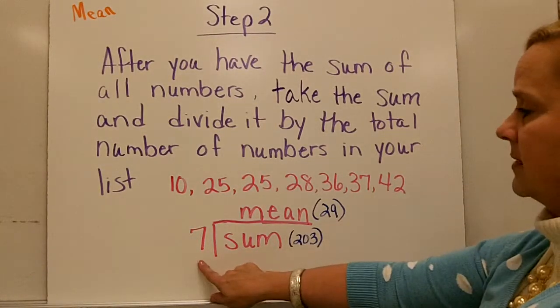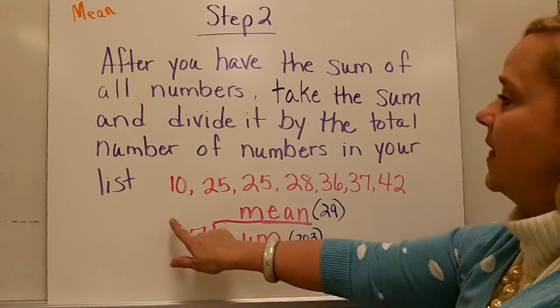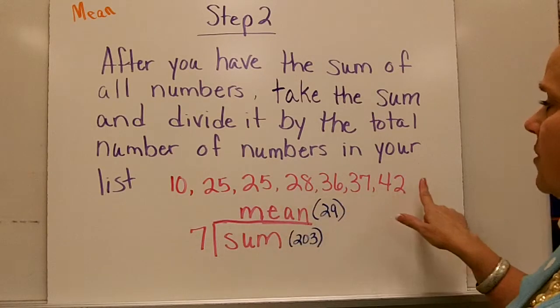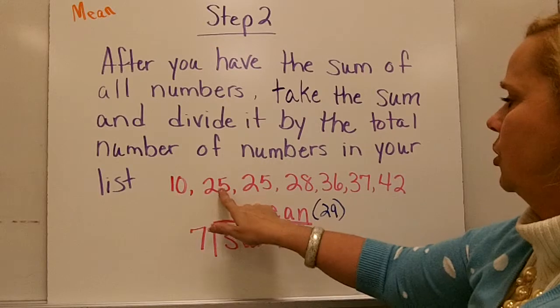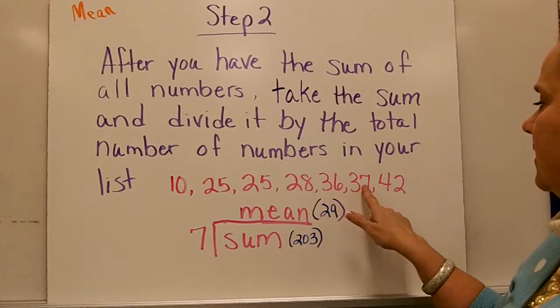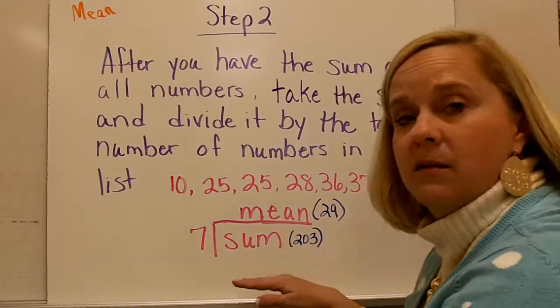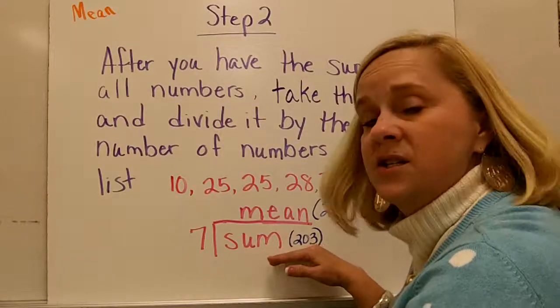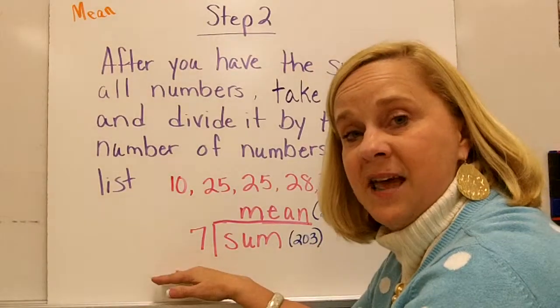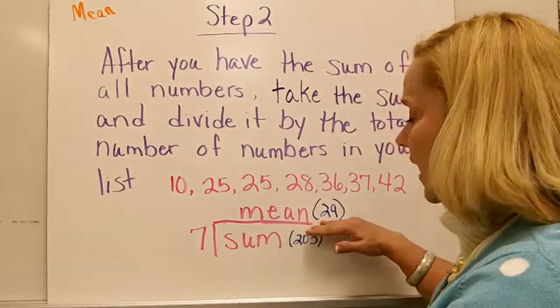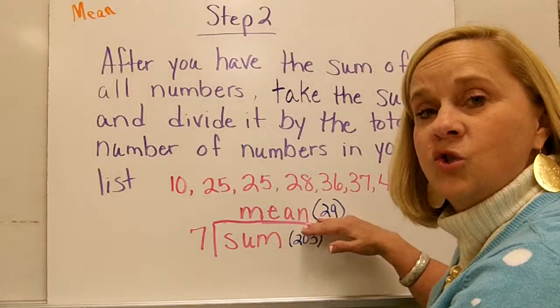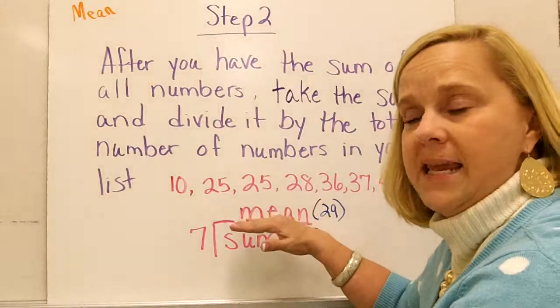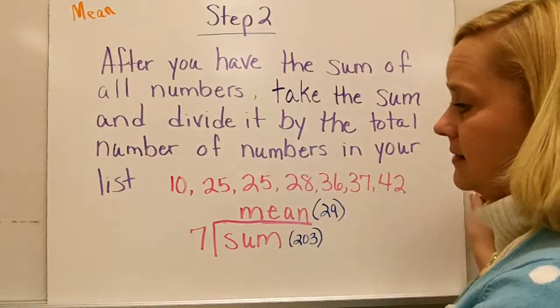I'm going to divide it by 7. Where did I get 7? That's the total number of numbers in my list. I have 1, 2, 3, 4, 5, 6, 7 numbers in my list. So I'm going to divide 203 by 7, and that answer is 29. 29 is my mean of this list that I have here.